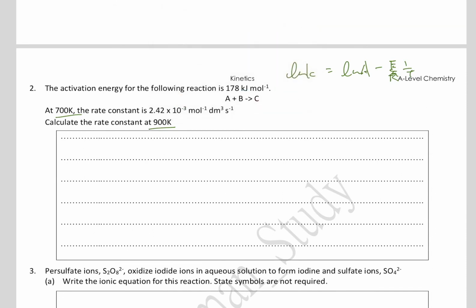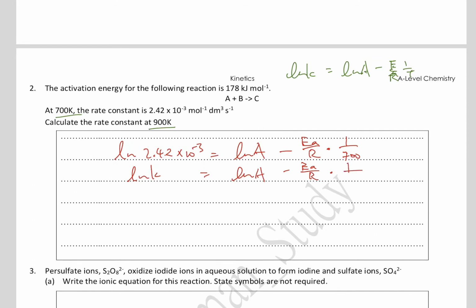When we put the equation here, that means ln k for this one equals ln A minus EA over R, and then 1 over 700. Then the new one, which is ln k, the unknown, and then ln A.